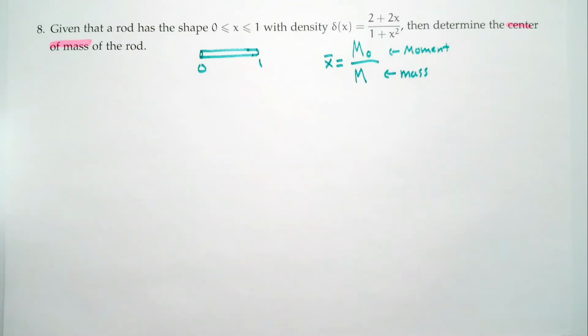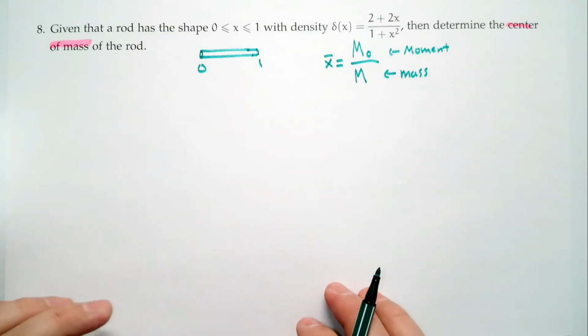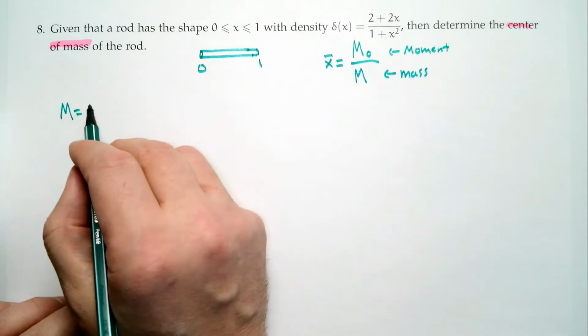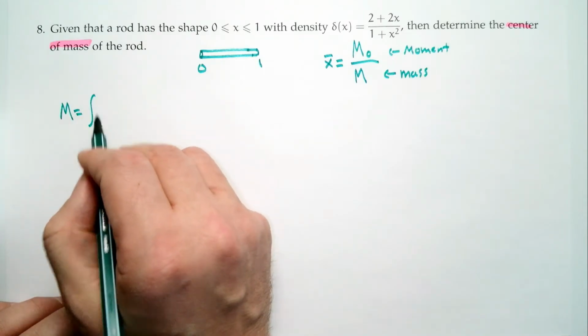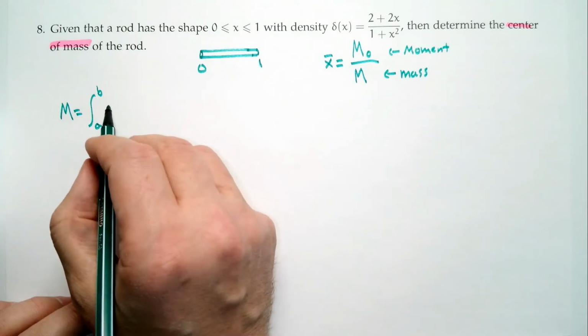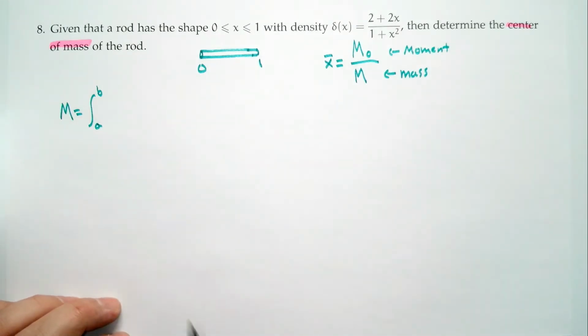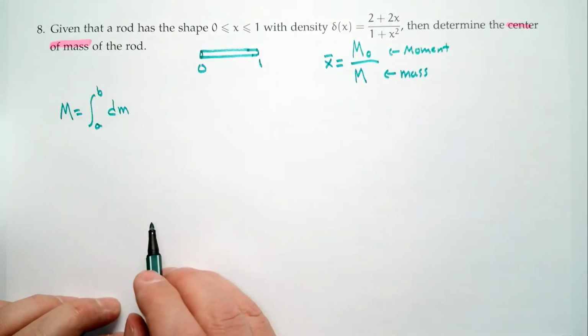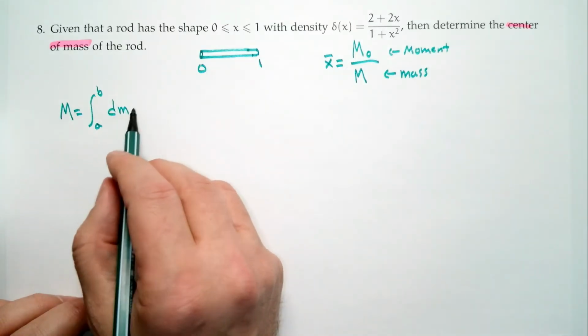All right, where do we go from here? Well, we've got to compute these things. Let's talk about mass. How do mass problems work? If you hang out in Professor Mayhook's class, mass is the integral of dm, which is just a fancy way of saying your little bits of mass.